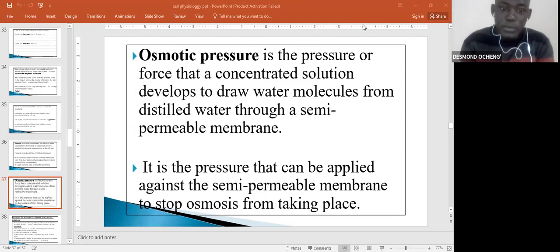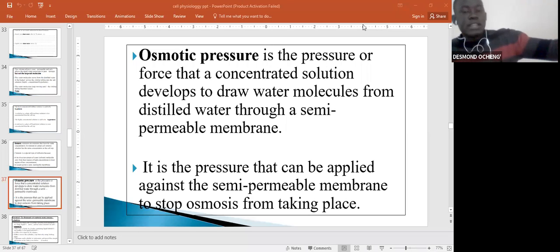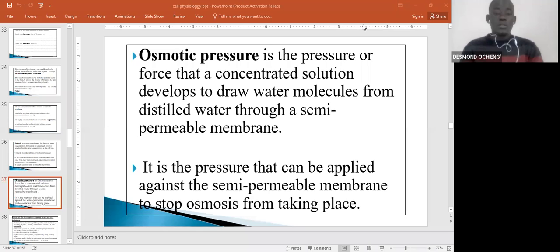Number one, it is developed so that water molecules can be drawn from the distilled solution across the semi-permeable membrane into the concentrated solution. So there will be a net movement of water molecules from the dilute solution into the concentrated solution until these two solutions have become isotonic, in other words, until they have acquired an equal concentration.